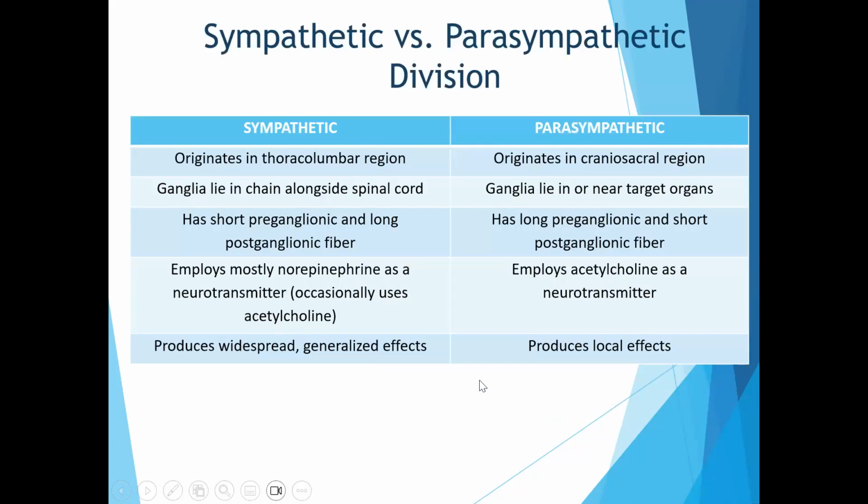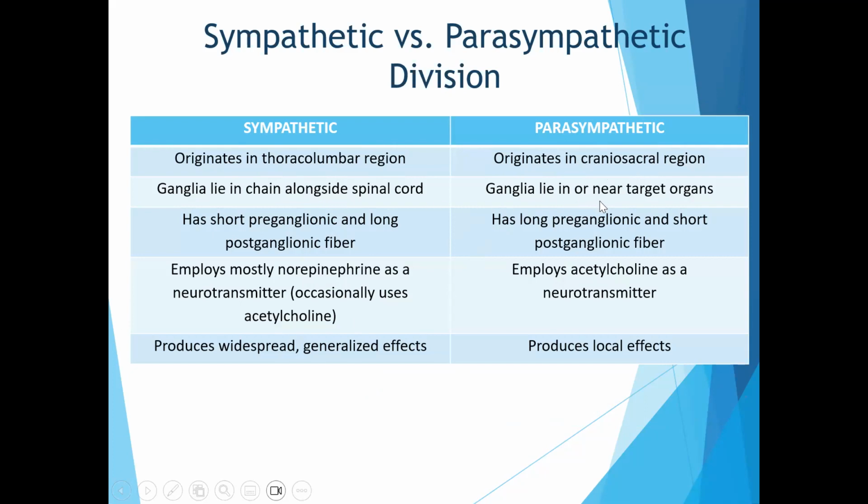So this chart, I would definitely like you to memorize. It works really well to distinguish the sympathetic and parasympathetic division. We just said sympathetic originates in the thoracolumbar region, whereas parasympathetic originates in the craniosacral region. Remember, our sympathetic nerves have cell bodies that lie right with the spinal cord.